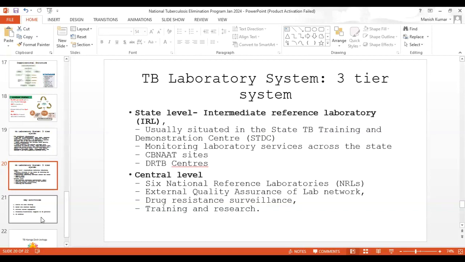This is a distant dream, but still in certain places things are happening, and hopefully in another couple of years we can see some states showing these role models. If I am right, in Chhattisgarh we can see some of these model laboratories currently.